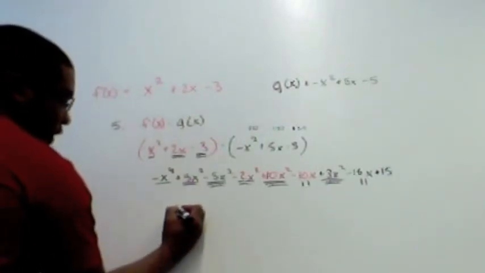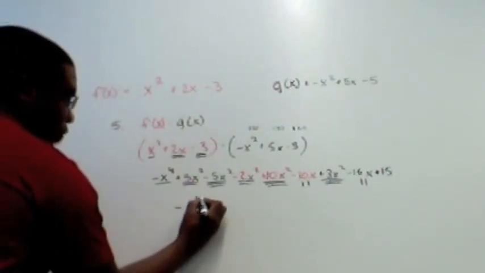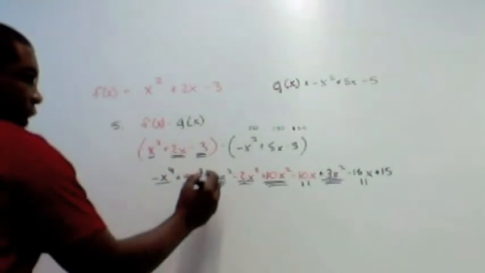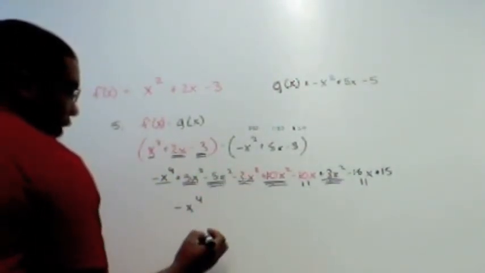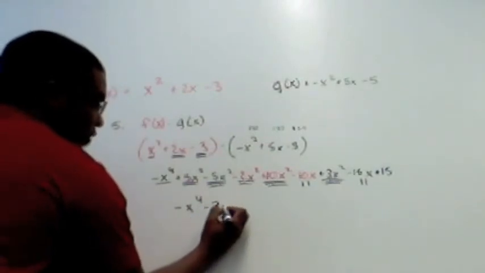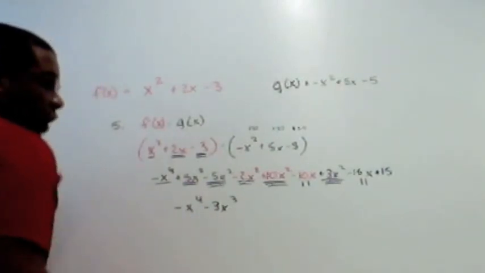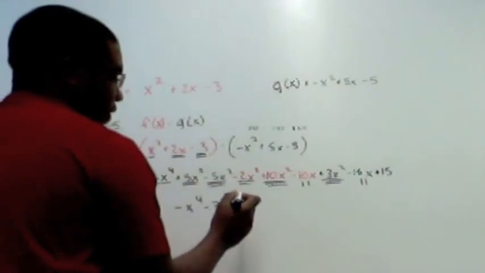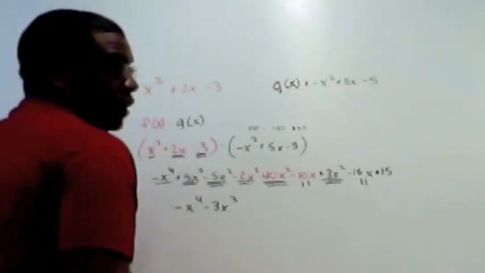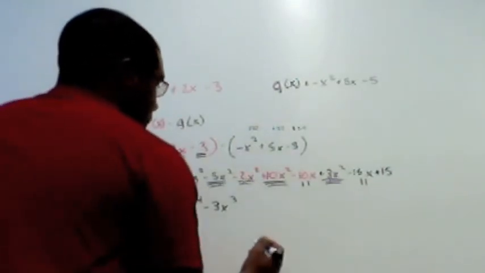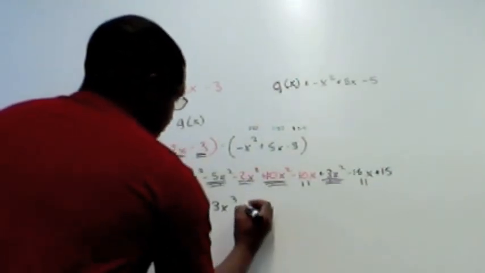So when the dust settles, I'll have a negative x to the 4th. Add up my x cubed components. Plus 5 and negative 2 is negative 3x cubed. Now I'll go to my x squared components. I have negative 5, plus 10, and plus 3. So 13 minus 5, that'll basically give me 8.